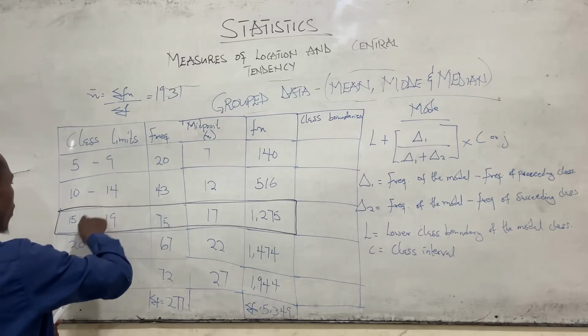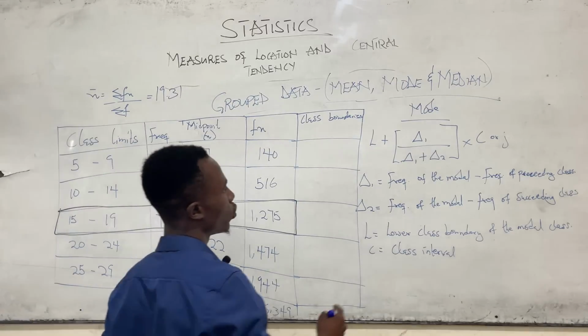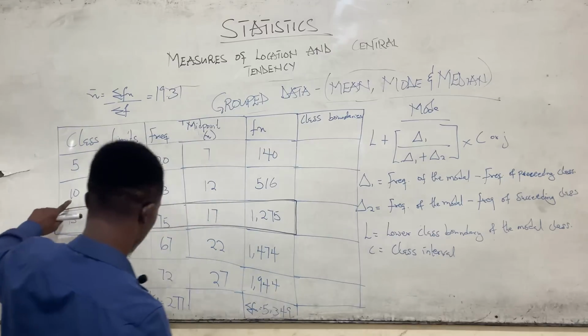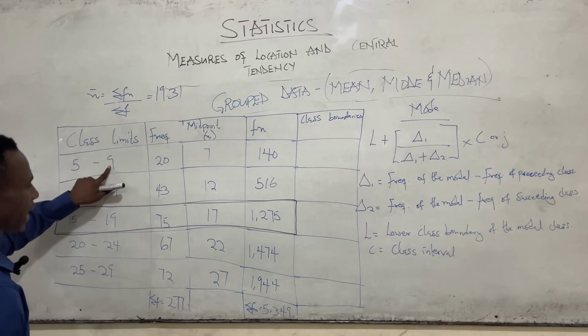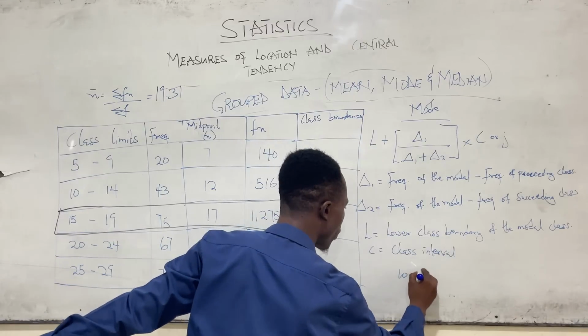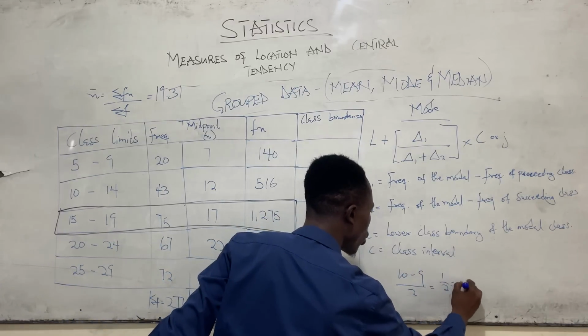So there is the diagonal, right? The difference between the two divided by 2. That is 10 minus 9, right? So we have 10 minus 9 divided by 2, 1 over 2, which is 0.5.